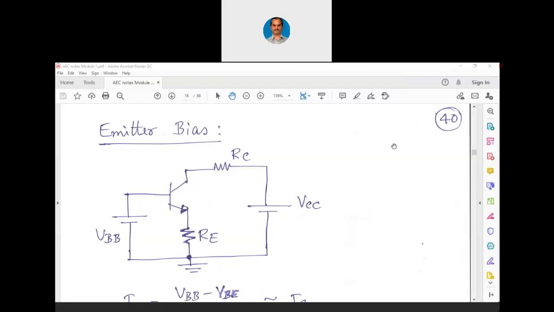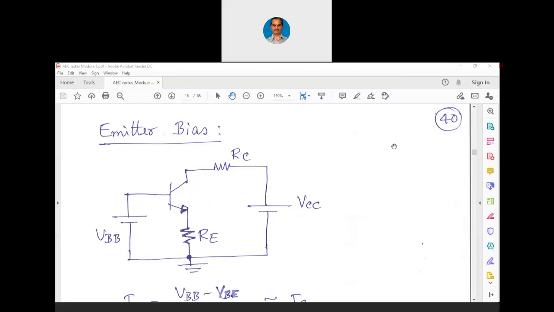So now we have to find out some methods by means of which we can have a stable circuit which can work exactly at the middle of the active region. As you already know, for a transistor to work as an amplifier, we should switch it half on and half off, so that at the collector we have exactly half of the supply voltage.